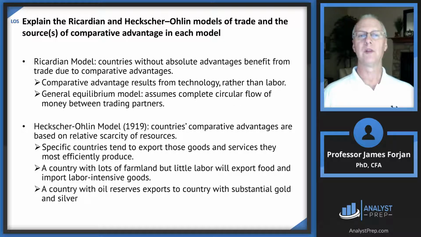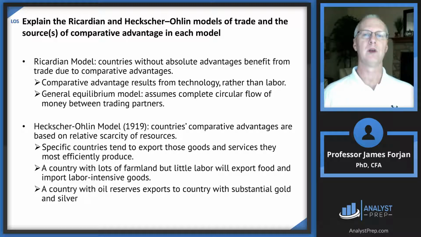All right, going back to that Ricardian model and the Heckscher-Ohlin model, let's explain the source of comparative advantage in each model. Countries without absolute advantages benefit from trade because they might have comparative advantages, as shown in those two previous examples.